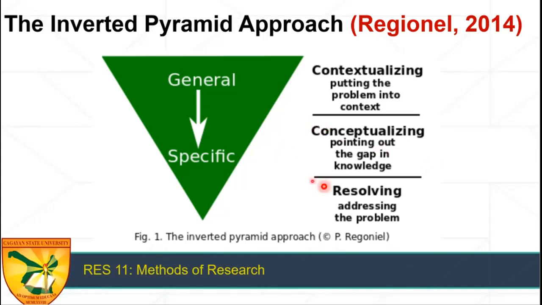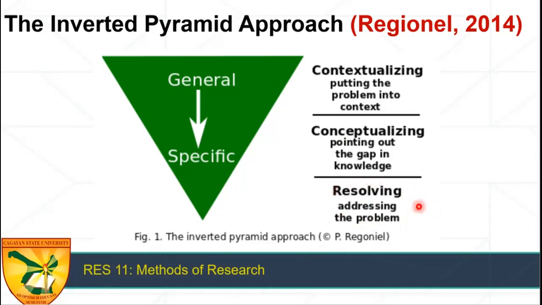So that's when you go to the last part of this inverted pyramid approach, the resolution stage. The last stage is an attempt at resolution, meaning after formulating your hypothesis to explain the phenomenon, how will you go about it? What will you do? So this is actually the hence part.